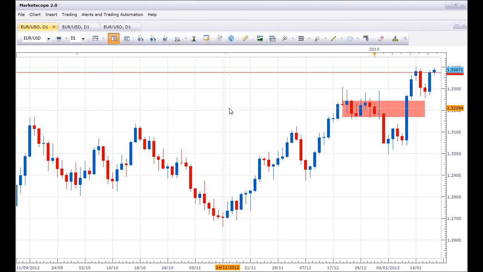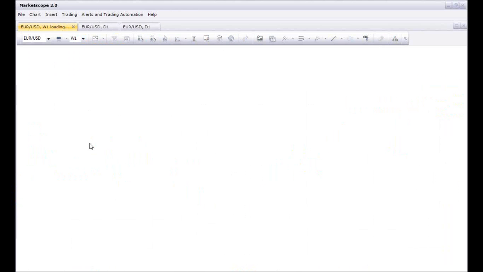So the daily and lesser time frames have to make a low on the weekly chart. Okay, so if it creates a low on the weekly chart, are you going to be buying on that low on the weekly chart, or are you going to be buying at the high of the weekly chart?